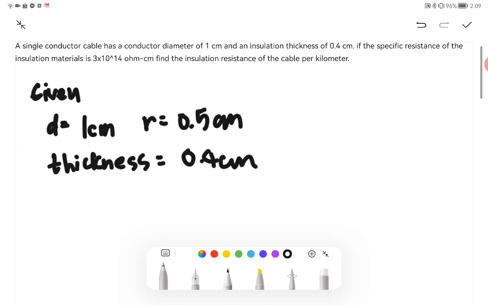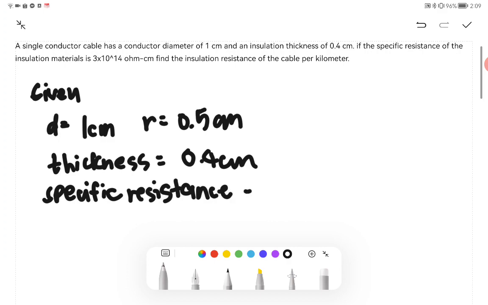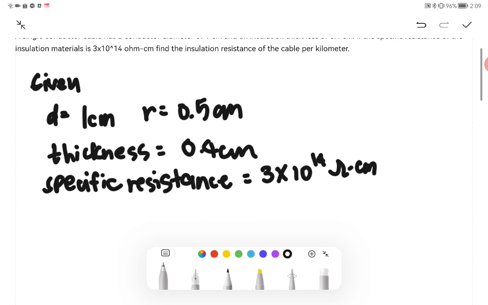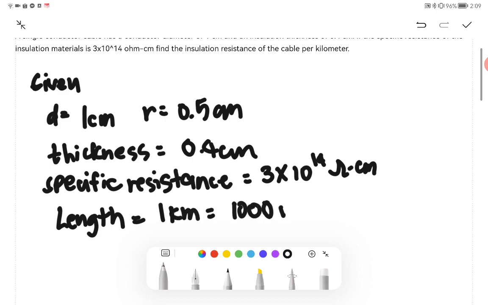We have the specific resistance of 3 times 10 raised to 14 ohm centimeter. We have the length, which is equivalent to 1 kilometer, also equivalent to 1,000 meters.